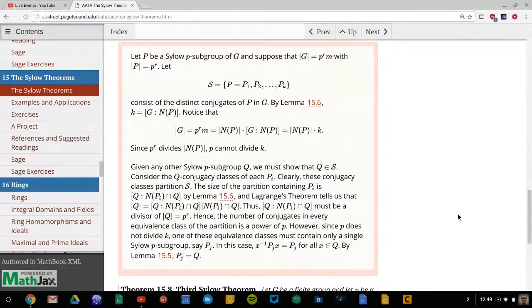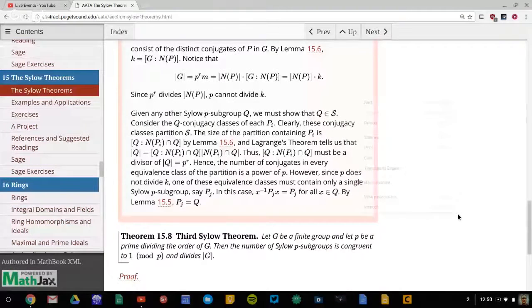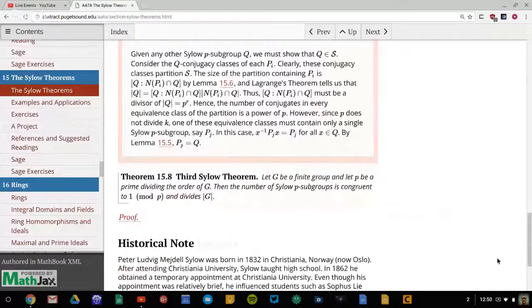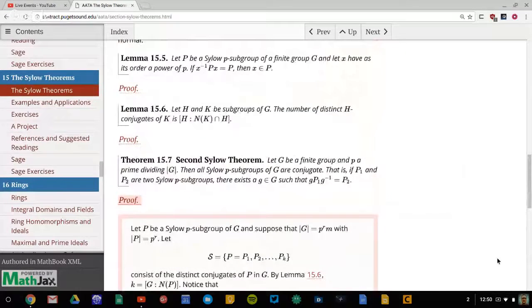Now we know how all the different Sylow P subgroups are related. They're all related through this operation of conjugation. This is the action of the group G on its own system of subsets through conjugation. So when I see you this afternoon, we'll discuss the third Sylow theorem, which gives you two extra conditions on this number K that there are.